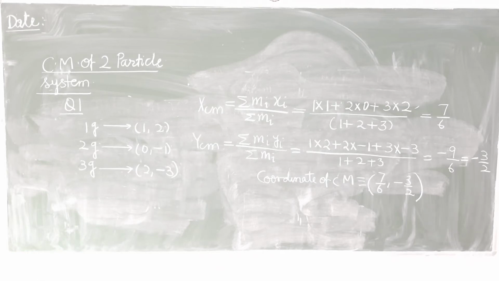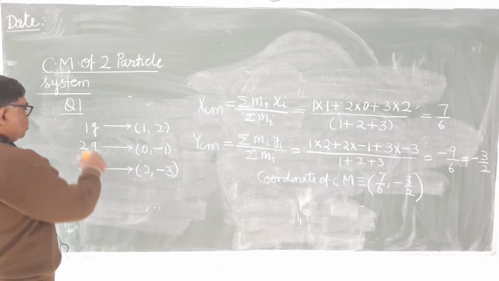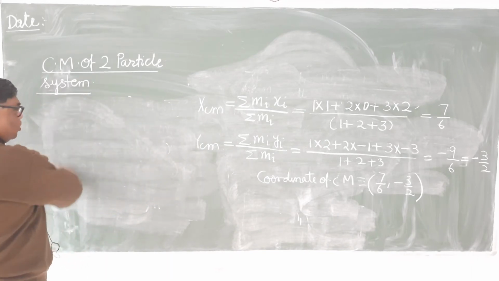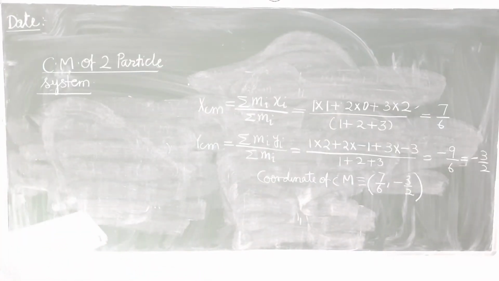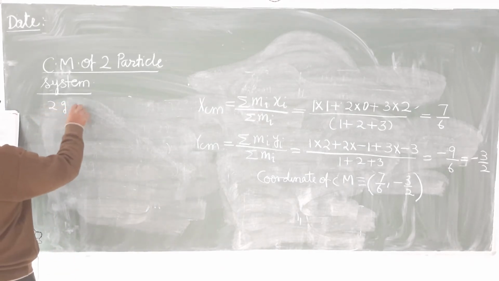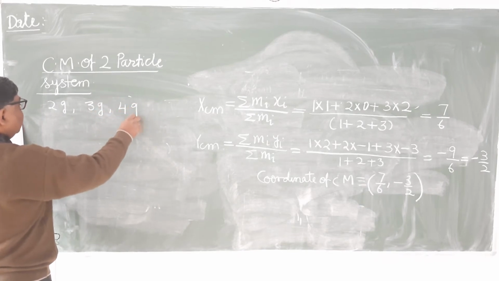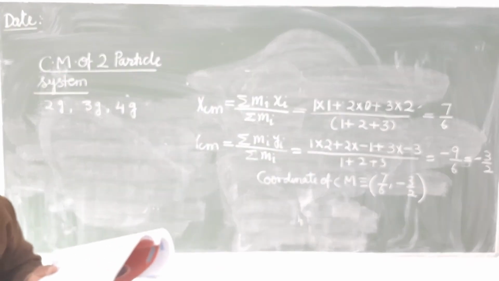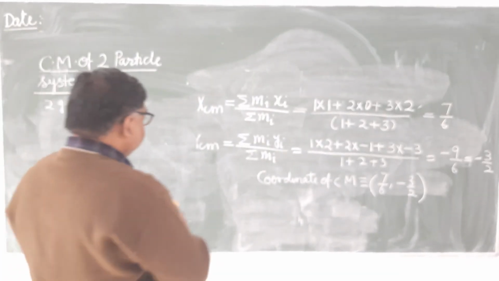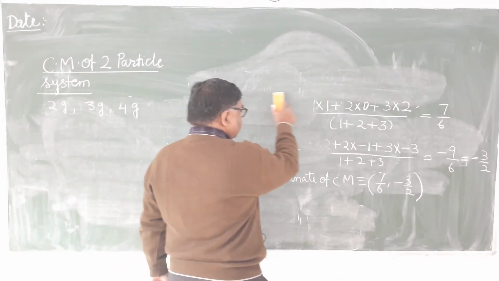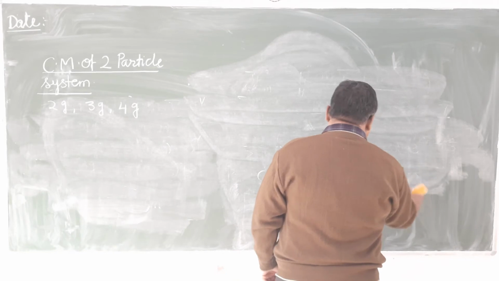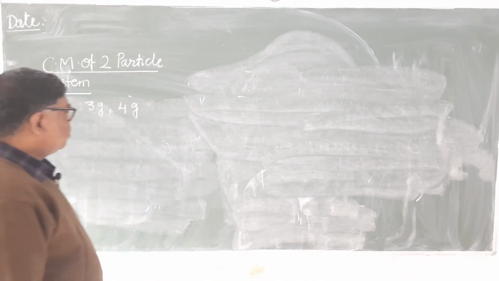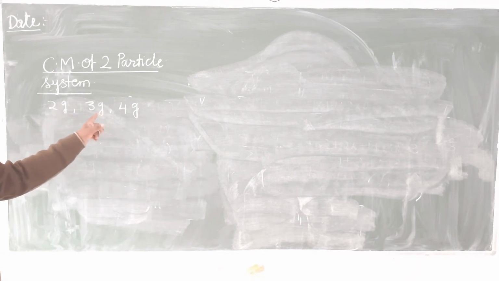And now you see question number 2. Now see here in question number 2 it is given that these particles are situated on the vertices of an equilateral triangle of side 1 meter.